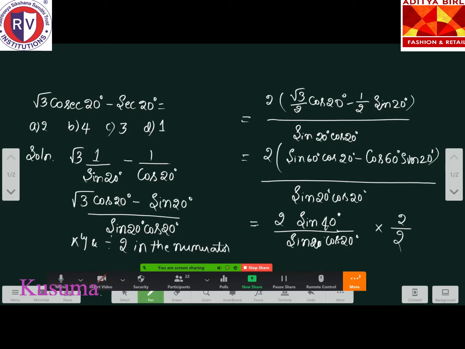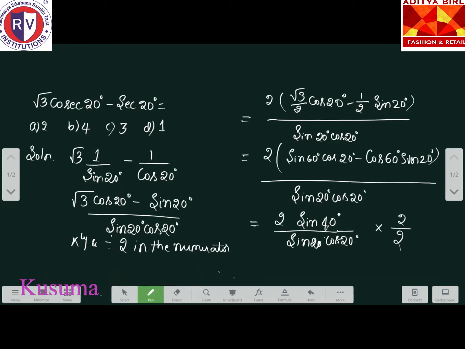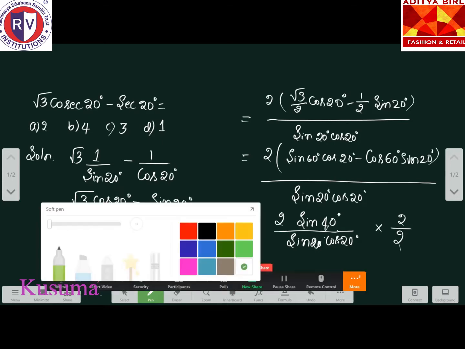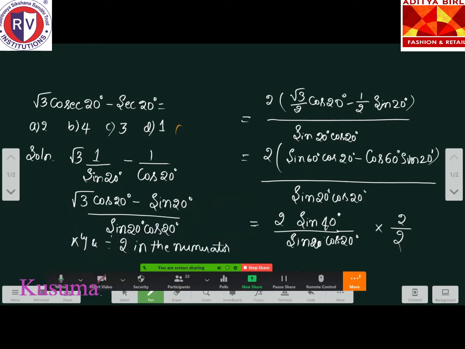Okay. See, it is given that you have to find out the value of root 3 cosecant 20 degree minus secant 20 degree. And the options given are 2, 4, 3 and 1. We know that cosecant theta is nothing but 1 by sine theta, right?